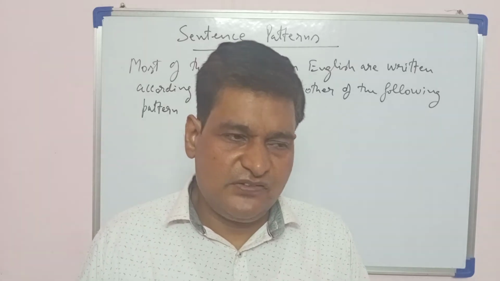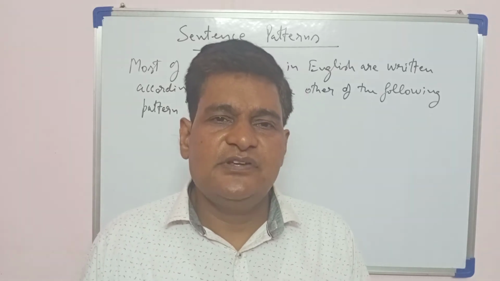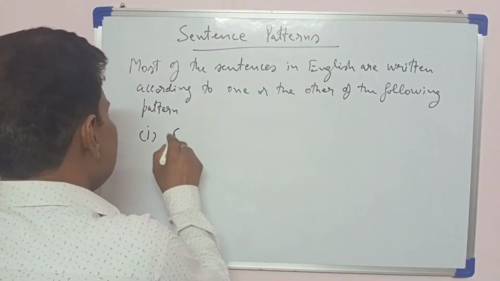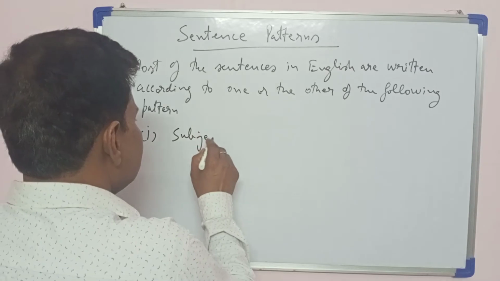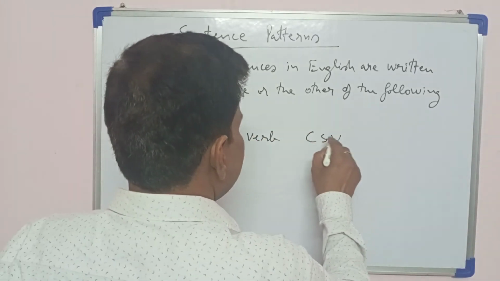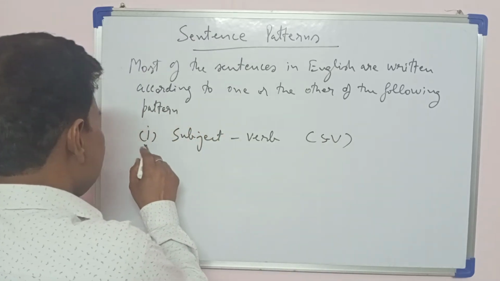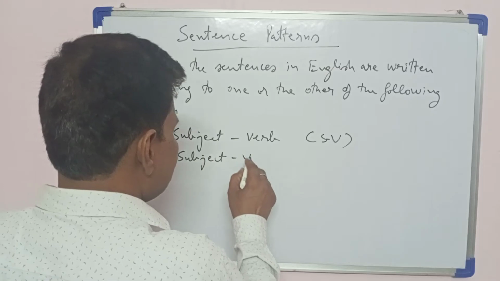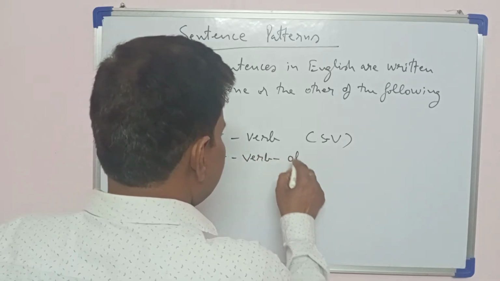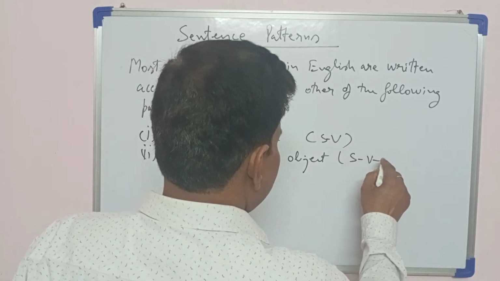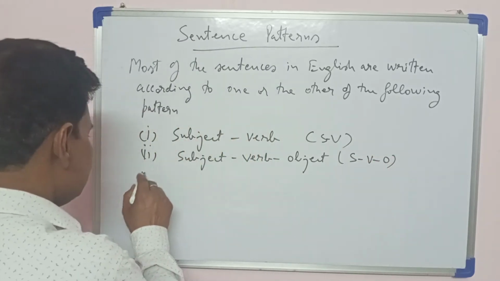The very basic pattern is subject and verb. First one is subject and verb, that is SV pattern. Second one, subject, verb and object, that is SVO pattern.